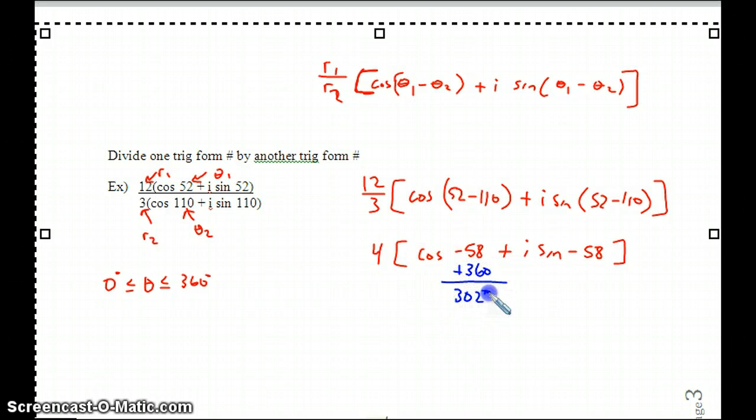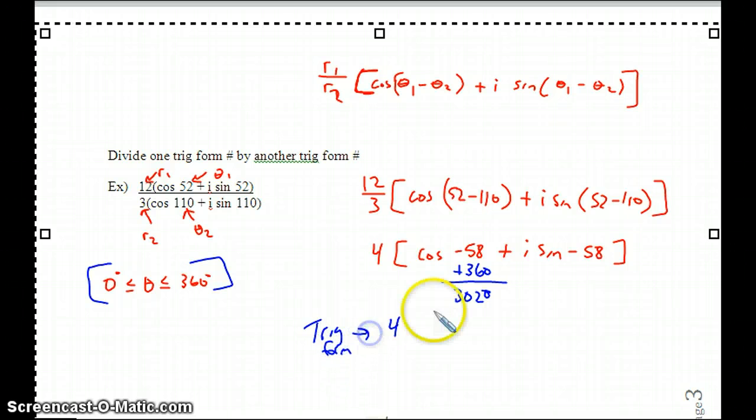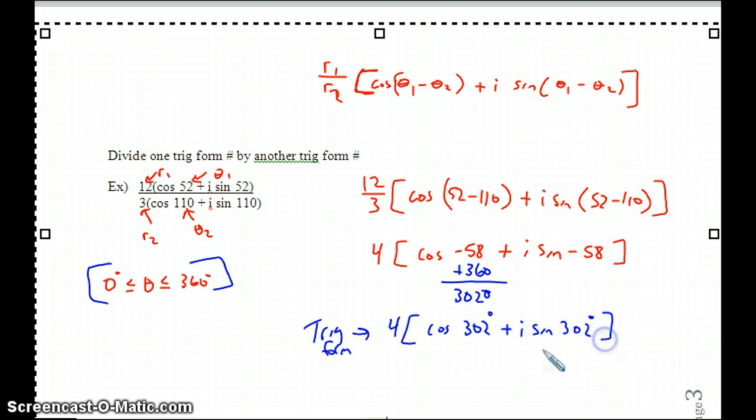So if I'm going to leave my answer in trigonometric form, theta has to be between 0 and 360 degrees. So my answer in trigonometric form would be 4 times the cosine of 302 degrees plus i times the sine of 302 degrees. That would be trigonometric form.